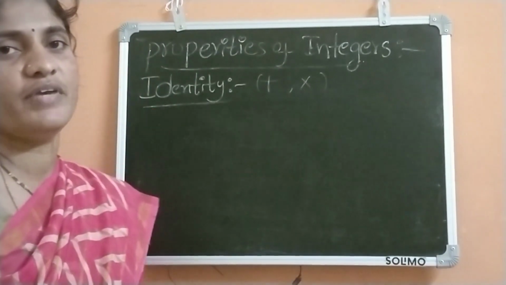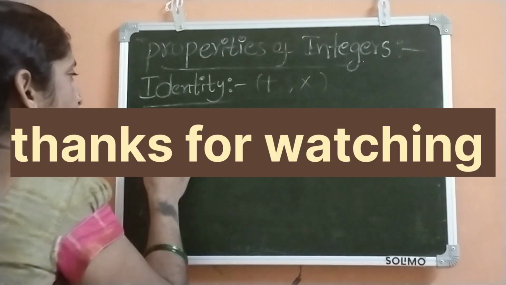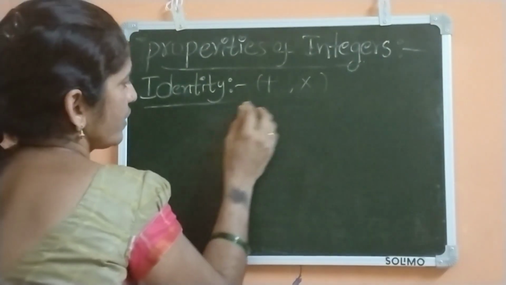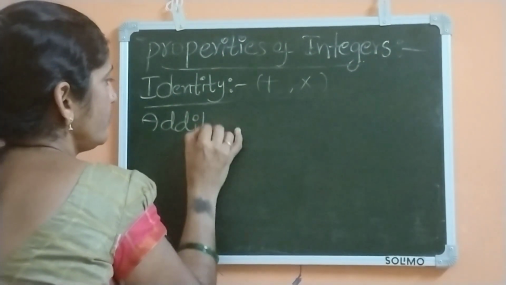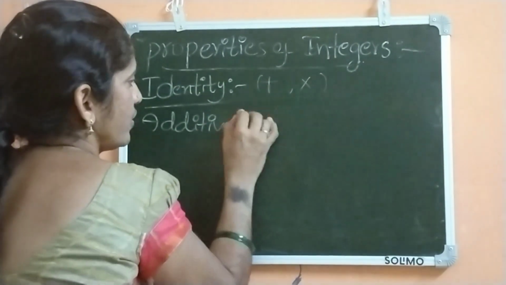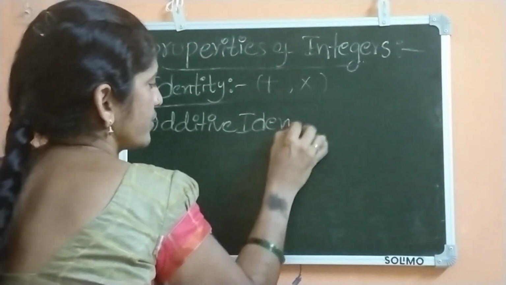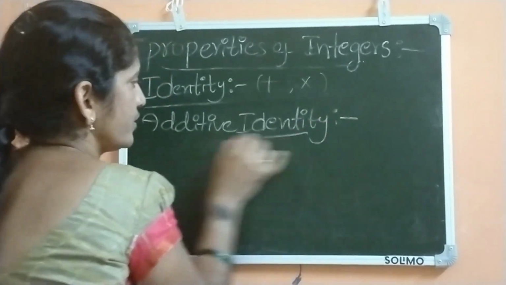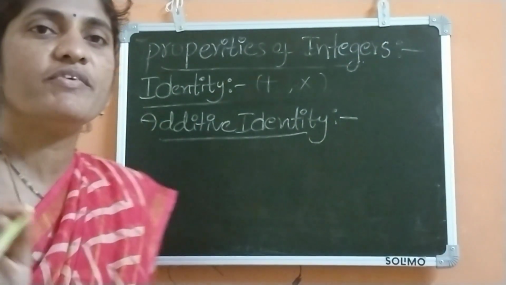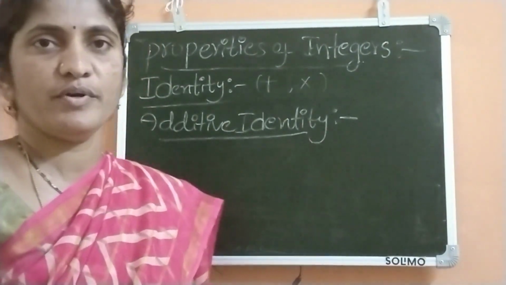So these two properties are special. In general, if we add 0 to any integer, what do we get? We get the same integer. So we can generalize that 0 is the additive identity for the integer system. Now we are going to discuss additive identity.